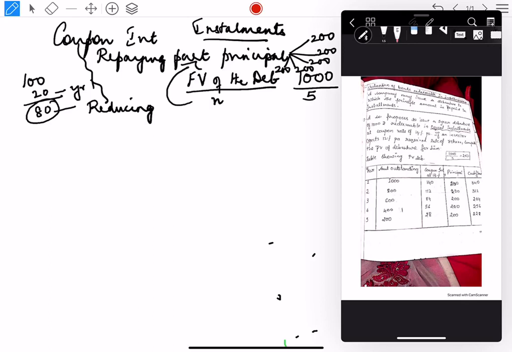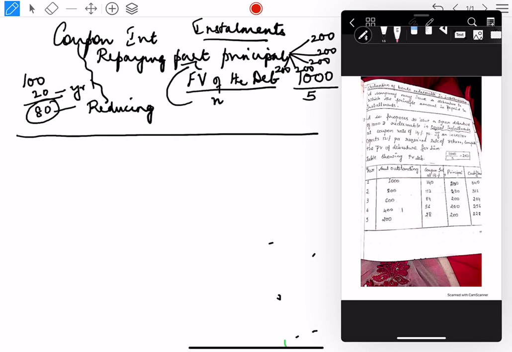That's right. So how do we go about understanding the calculation of the interest? If you can see the table in front of you, the amount that is outstanding starts with 1000 rupees at the beginning of the period.